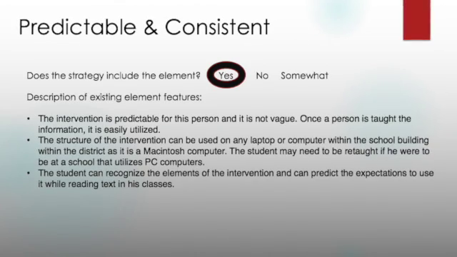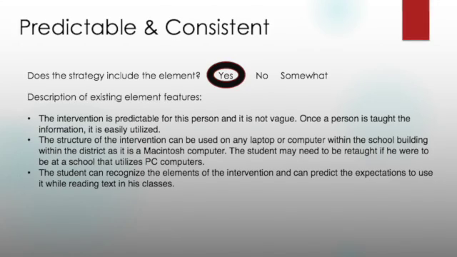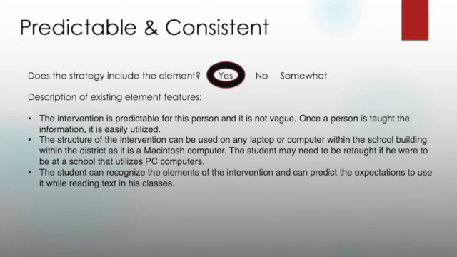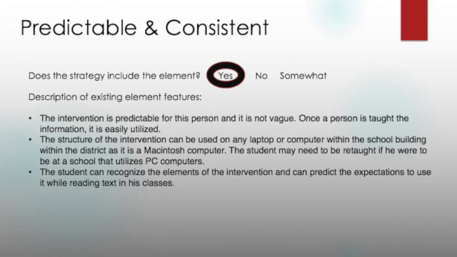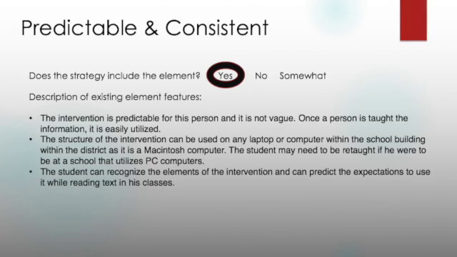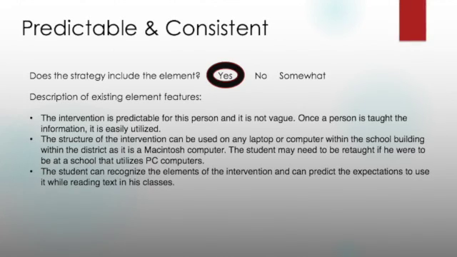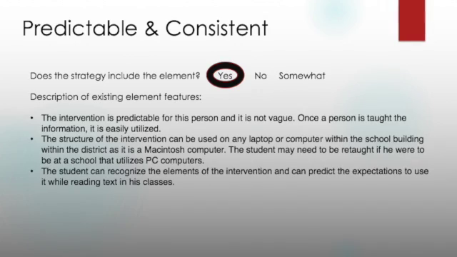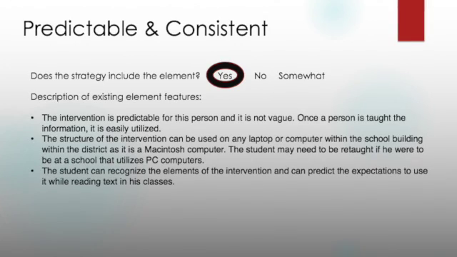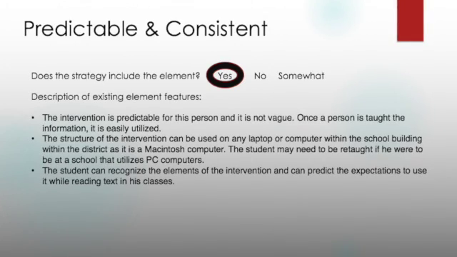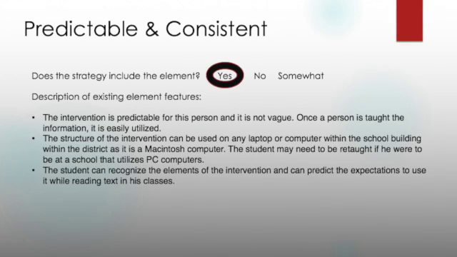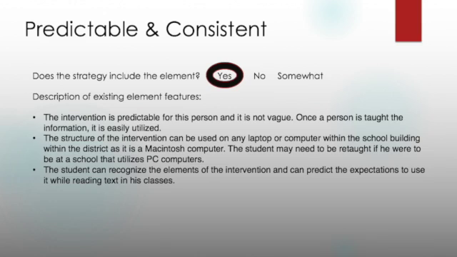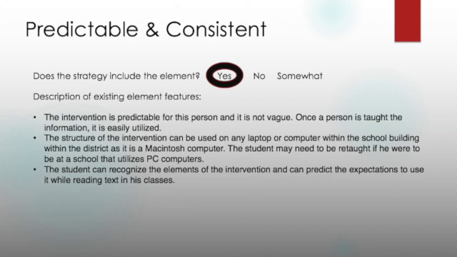The student may need to be retaught if he were to be at a school that utilizes PC computers. Since the student has been in the KCKPS school district and it may not be moving, since he'll be a senior next year, most likely he will be using the Macintoshes through graduation. The school can recognize the elements of this intervention and can predict the expectations to use it while reading text in his classes.